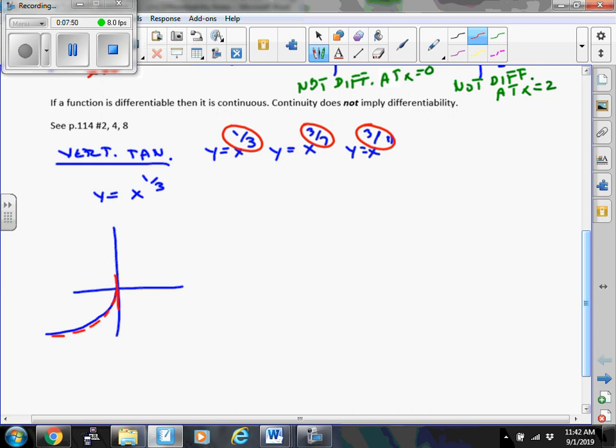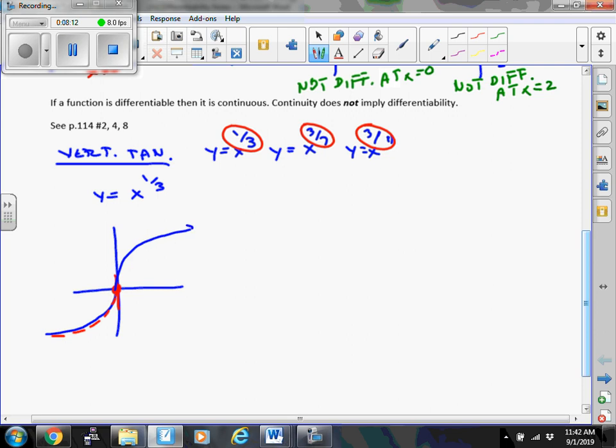Well, you can't say the slope is infinity. That doesn't make sense. So right at that point, at 0, it has a slope that's infinitely large. It's a vertical tangent. And at that point, it's considered not differentiable because it's not a number that exists.